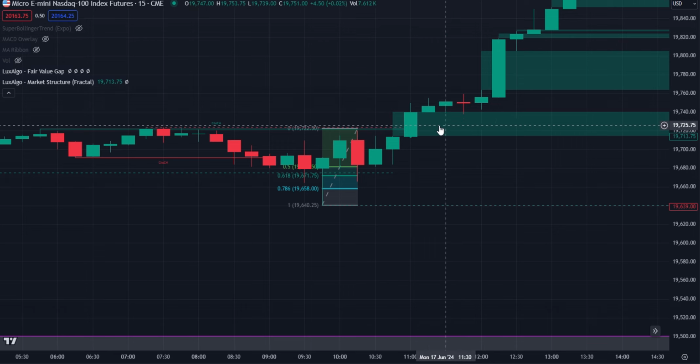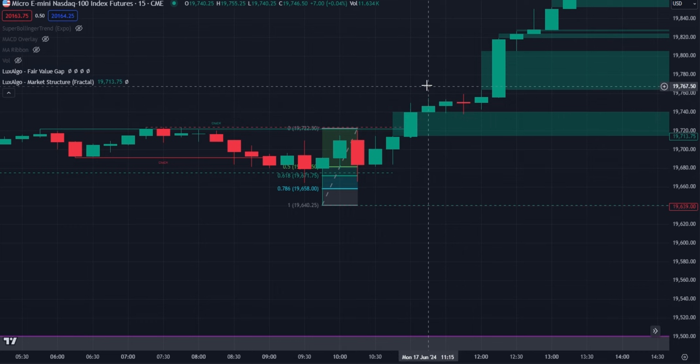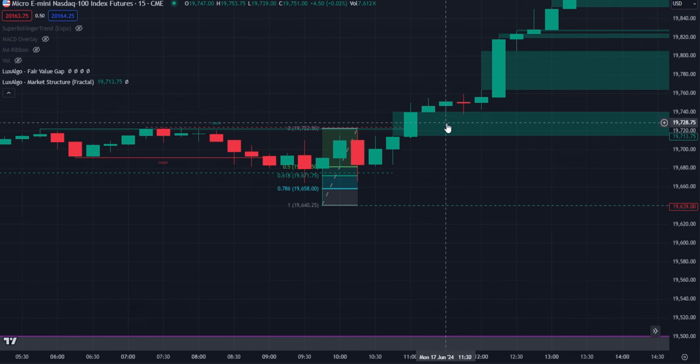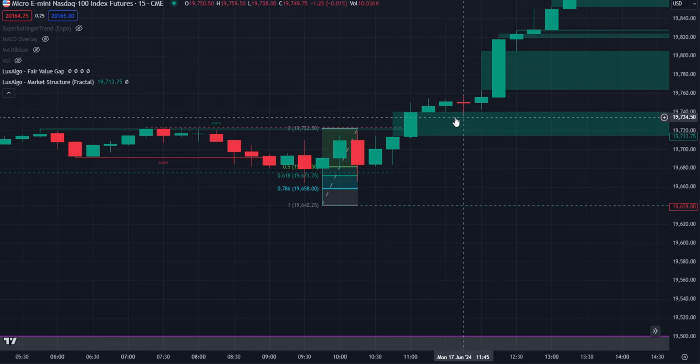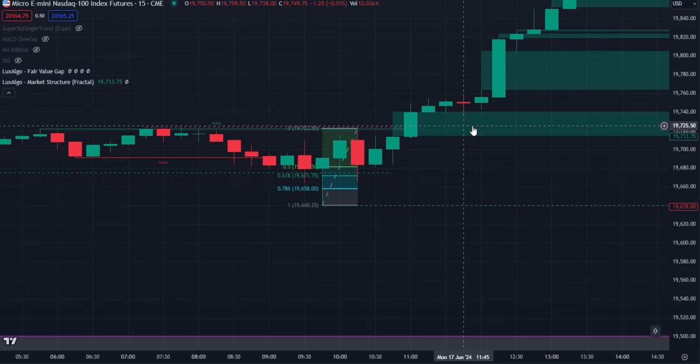Usually the way you trade fair value gaps is you wait for the price. The price is usually above the gap, and then it comes back and retraces into the gap. You're looking for it to hit about halfway through the gap, and then it could usually reverse and go back up if it's a bullish gap, give you a bullish move off of it.